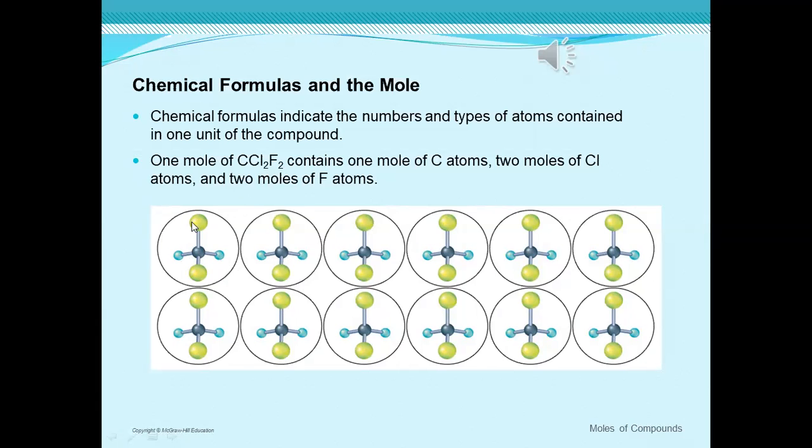So 1 mole of this compound contains 1 carbon atom joined to 2 chlorine atoms and also 2 fluorine atoms. Understand? Yes. Any problem till now? No.